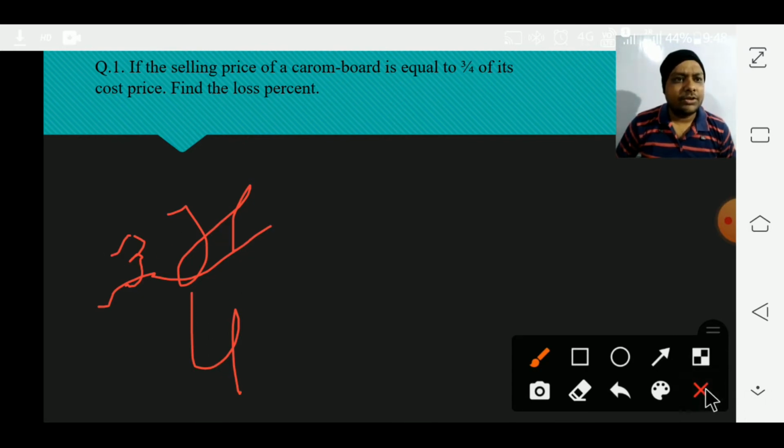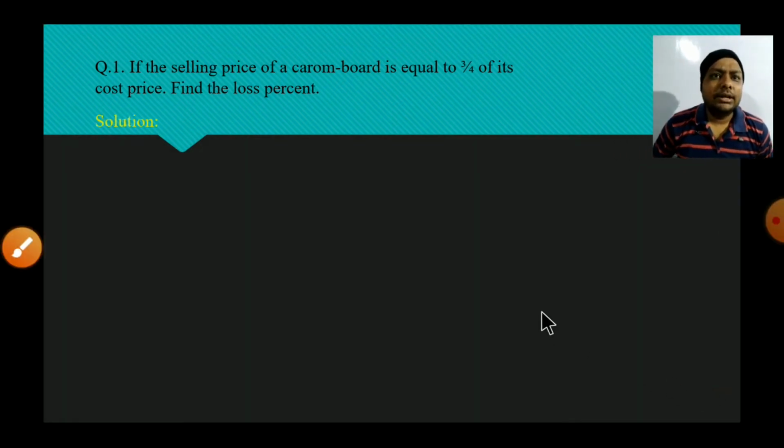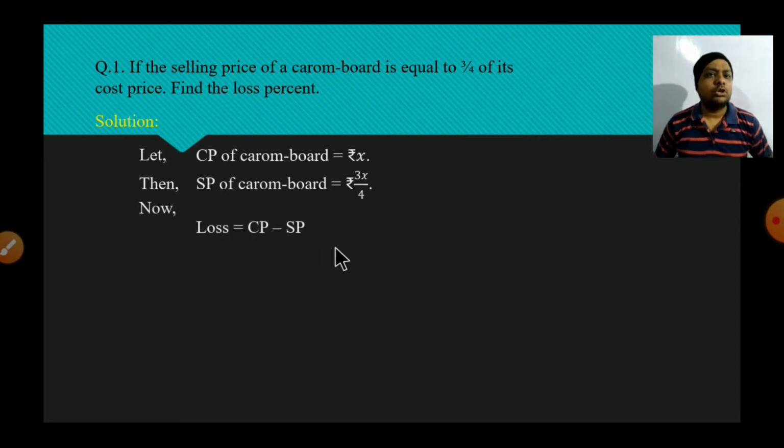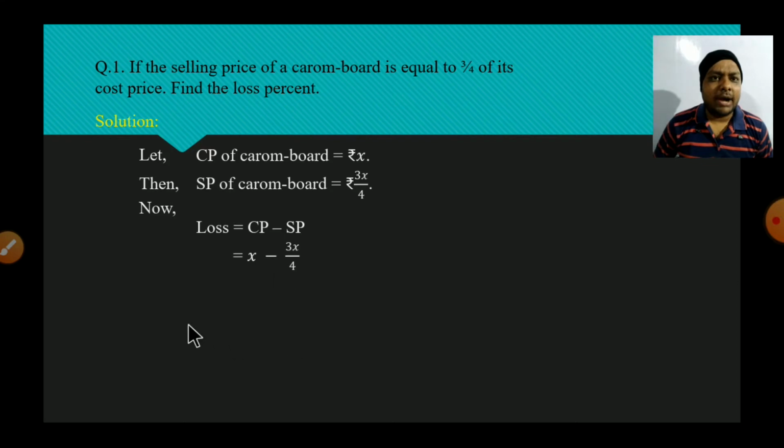Here you can see students that at first we assume the cost price of the carom board is rupees X, then the selling price will be 3X by 4. Okay, understood? So now you can see that CP and SP we have written in terms of variable X. Now we will find the loss. We know the formula that loss is equal to CP minus SP. Here it is the loss, not the gain. Now put the value. So it will be X minus 3X by 4.